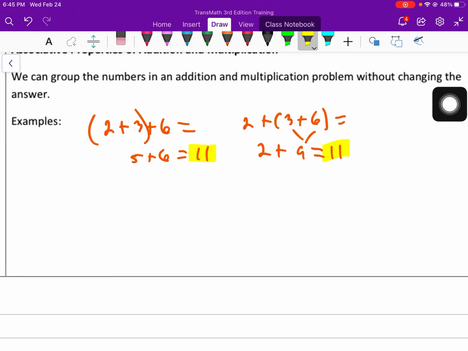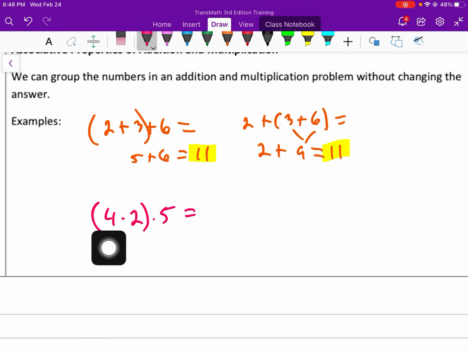We can also do it for multiplication. Let's do 4 times 2 times 5. So we do parentheses first. So that would be 8 times 5 equals 40. Okay, so now let's check by regrouping.